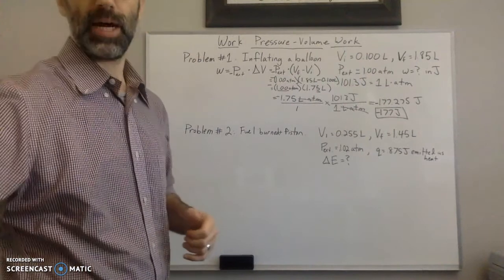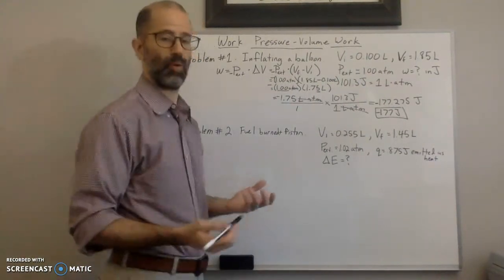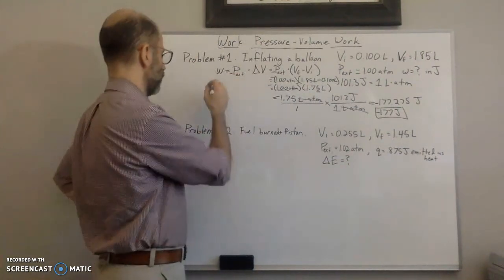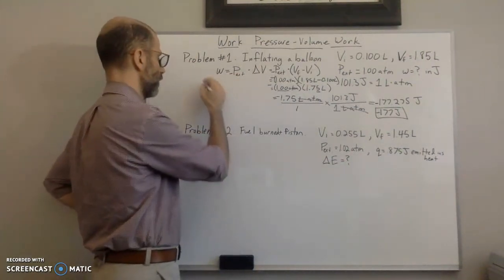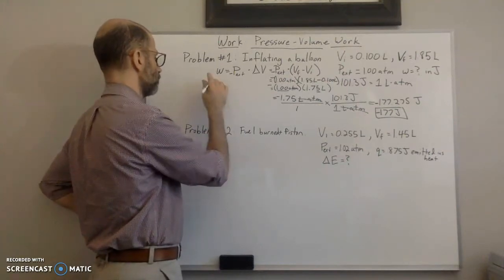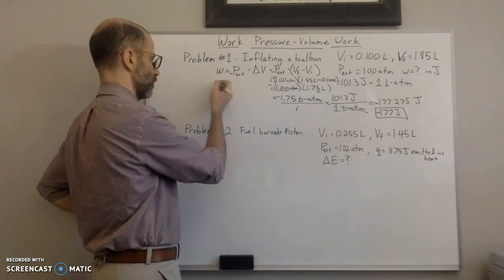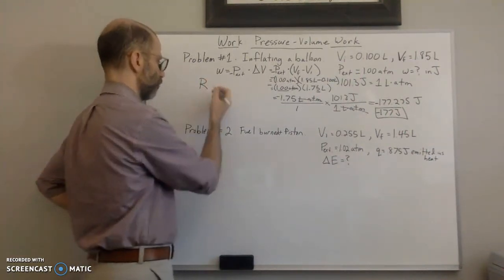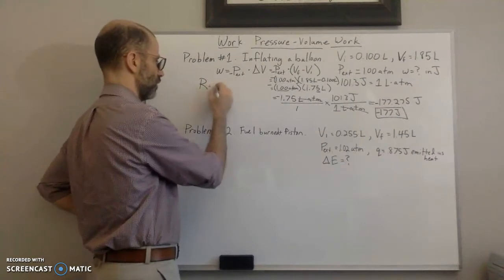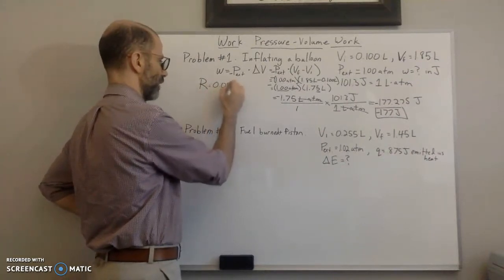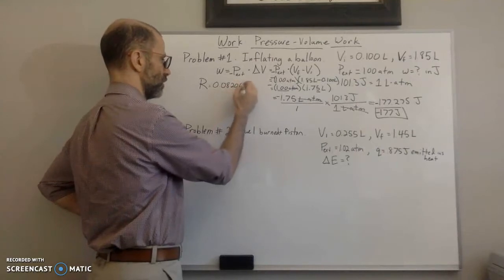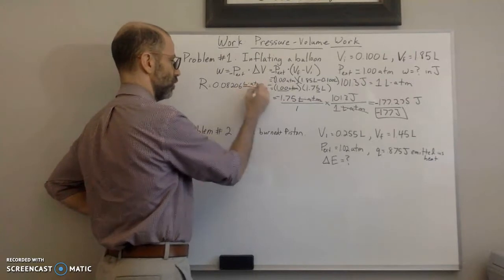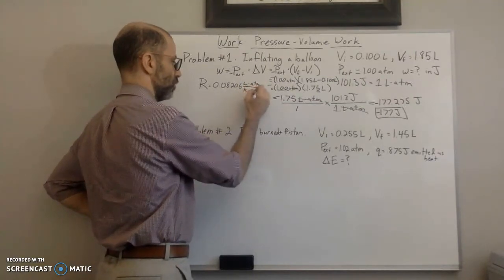Now, one thing I want to point out, which I think is very interesting, and you may have wondered about, is the R value. For the ideal gas law, the R value is 0.08206 liter atmospheres over Kelvin mole.